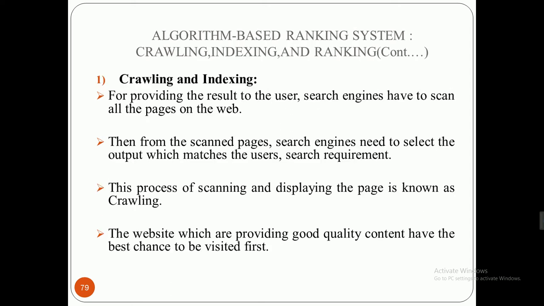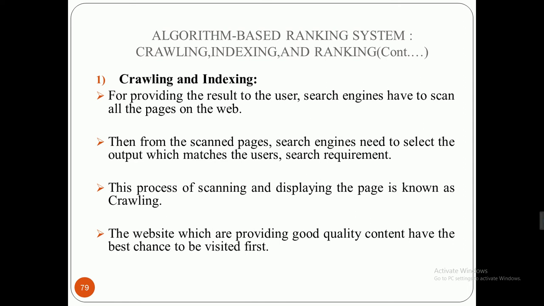So what is crawling and indexing? It is an algorithm based ranking system: crawling, indexing and ranking. For providing the result to the user, the search engine has to scan all the pages of the web.